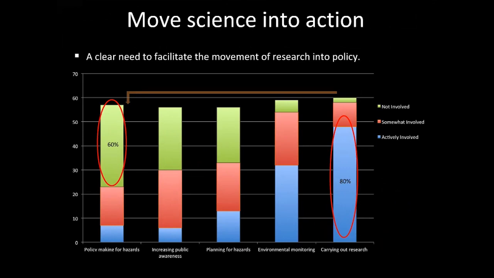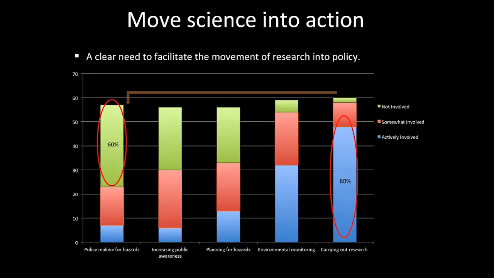And so when we moved into another part of the survey, which involved policymaking, public awareness, and we asked responders to really identify in that category, 80% of the population responded that their involvement was mainly research-driven, and 60% of the respondents conducting research claimed that they were not actively involved, if involved at all, in any policymaking effort.